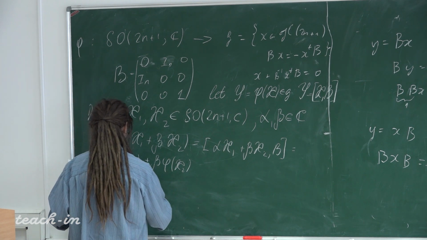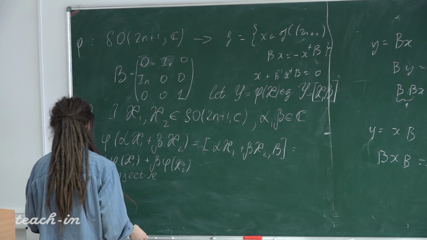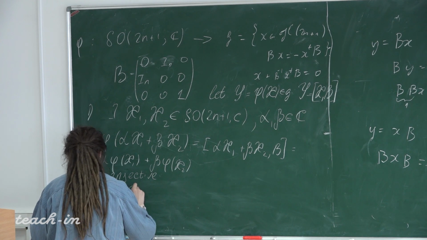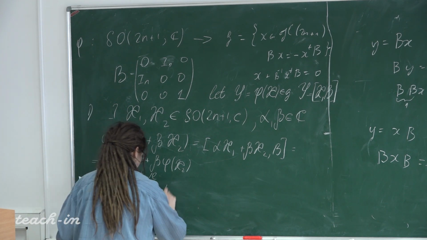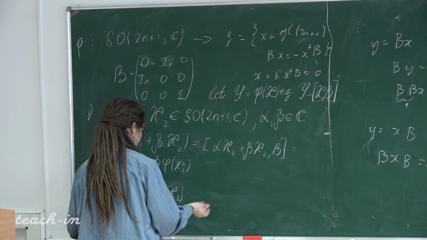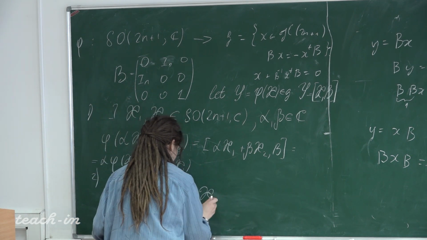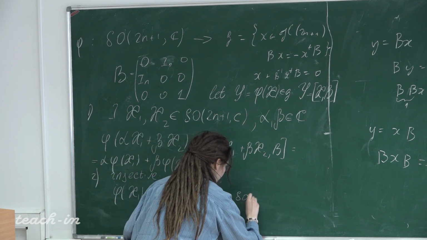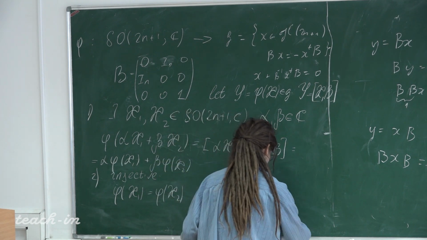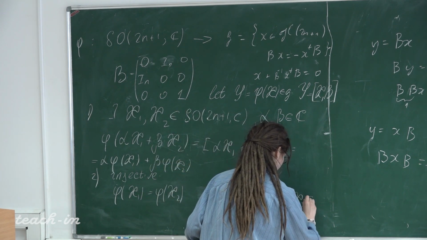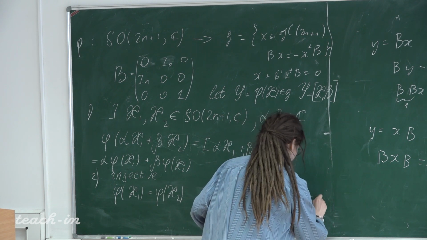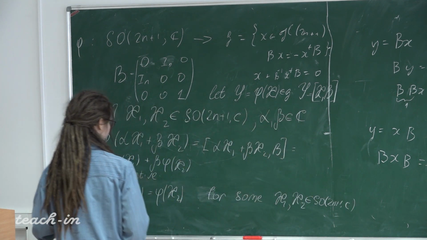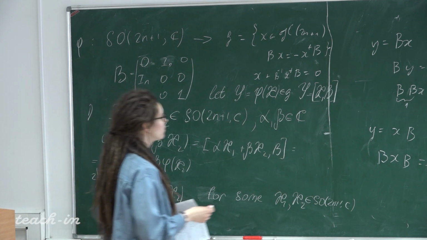For that, I assume that we have phi(x1) equals phi(x2) for some x1, x2 from SO, and I need to prove that x1 equals x2.